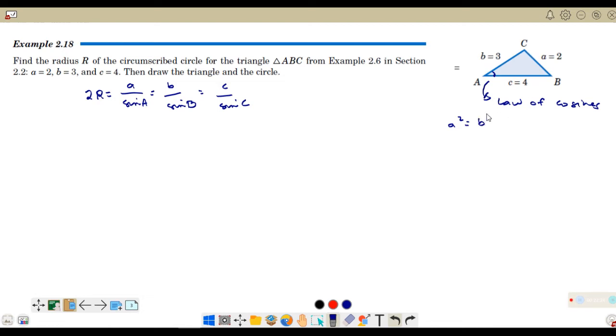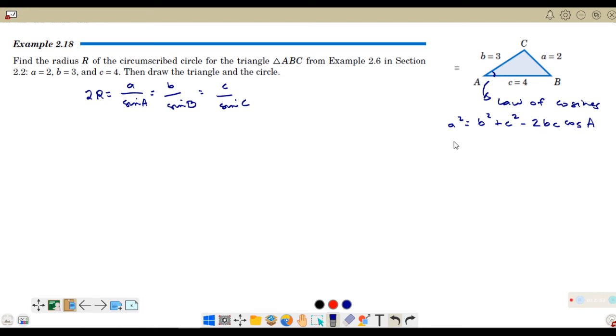The two other sides are B, square natin siya, plus C, square ulit natin siya, minus twice the product of the two other sides, we have BC, times the cosine of the angle opposite side A. So, cosine A. This way, makakuha natin ang measurement ni A.